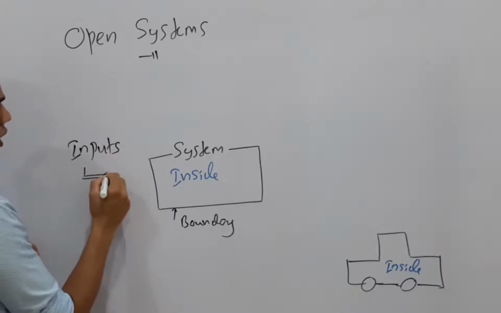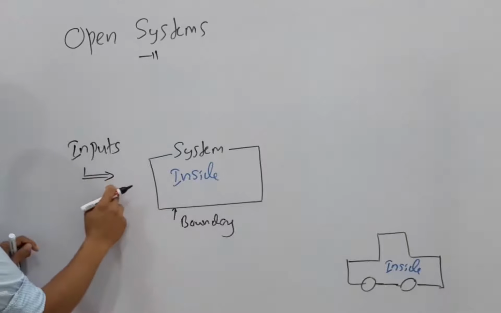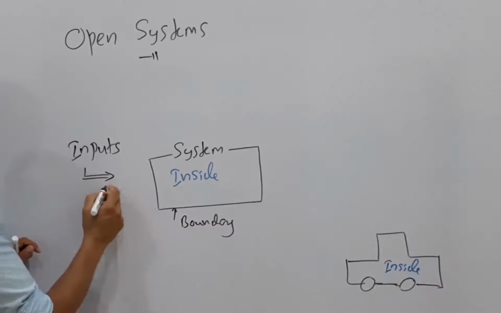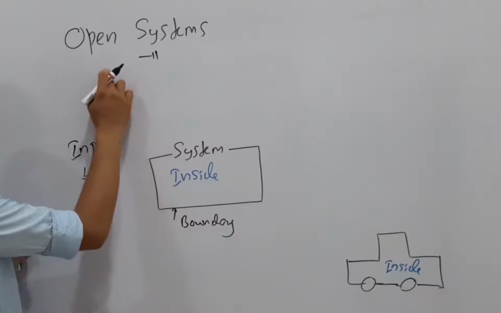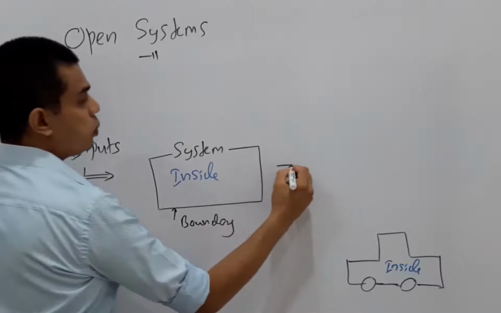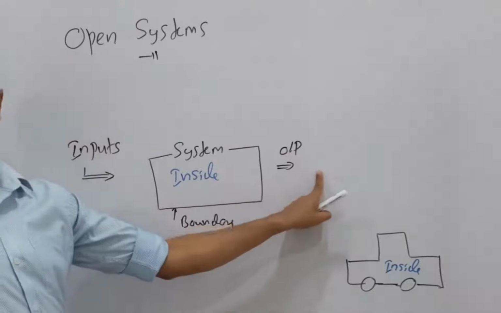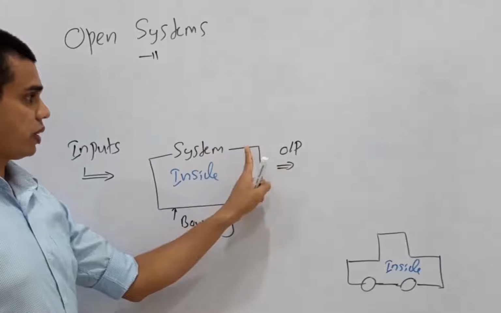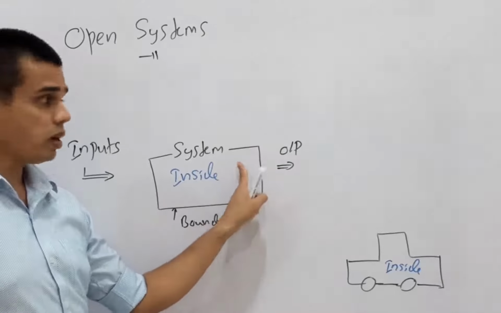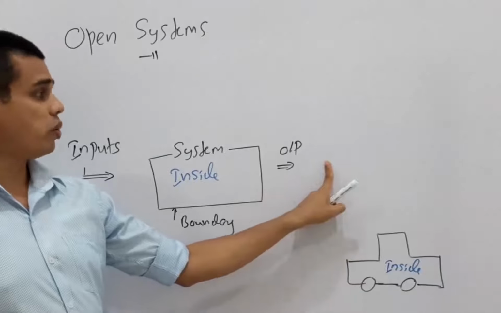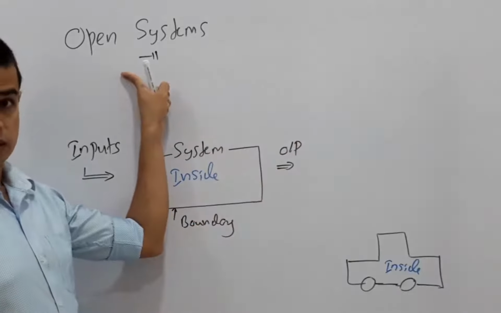Inputs are taken from outside the system, outside the boundary. Then that's an open system. Not only that, the outputs prepared by the system are going out from the system boundary. Outputs generated by the system are going out from the system boundary. That's what an open system is.